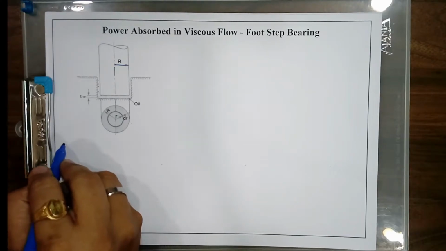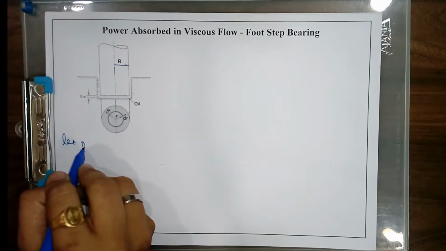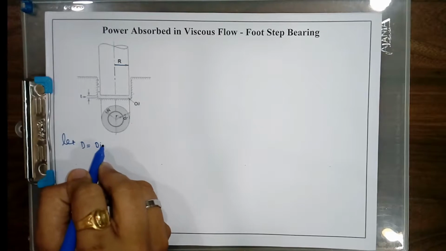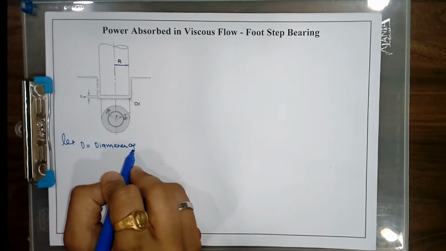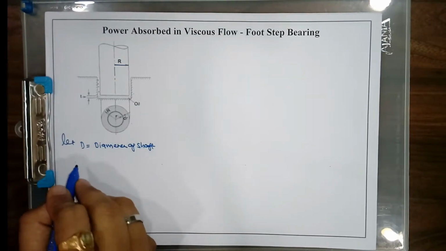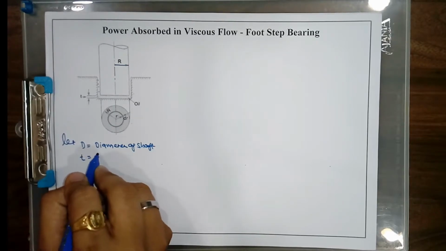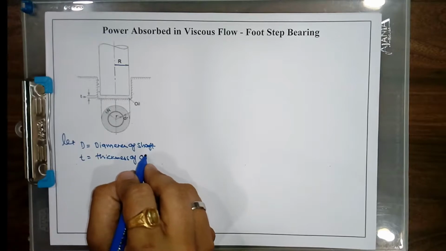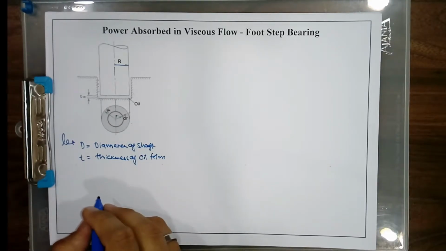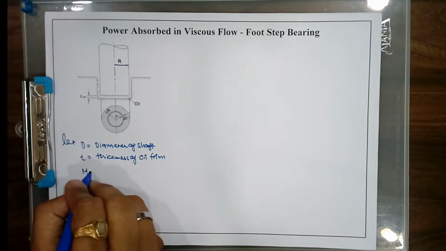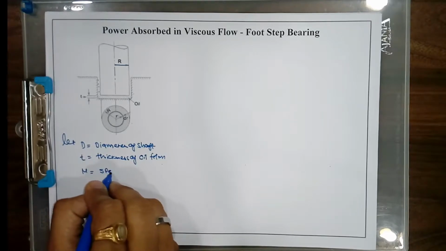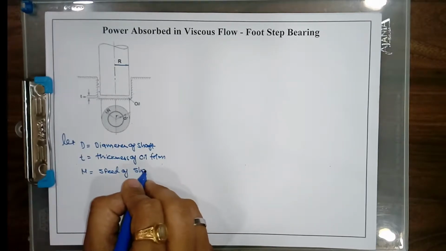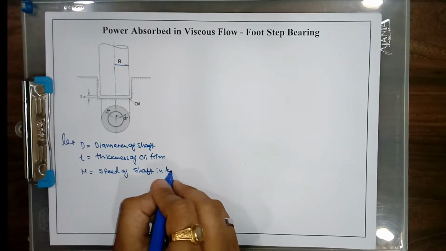So let us first write D is the diameter of shaft, t is the thickness of oil film, then N is the speed of shaft in RPM.